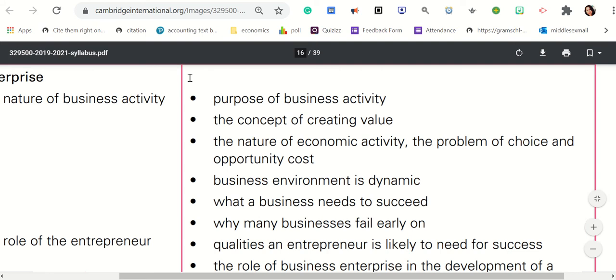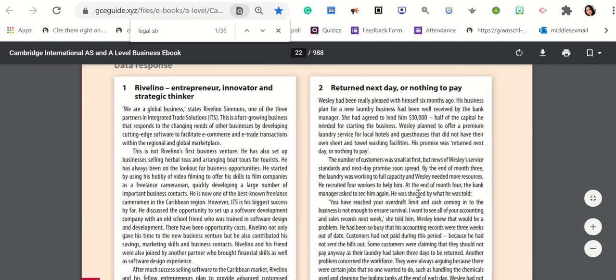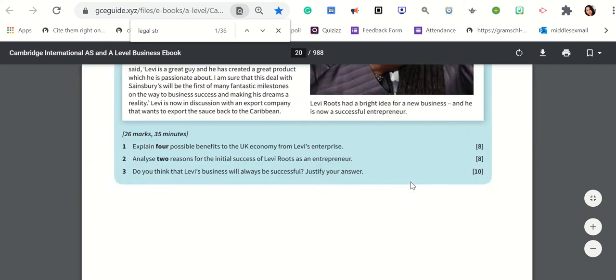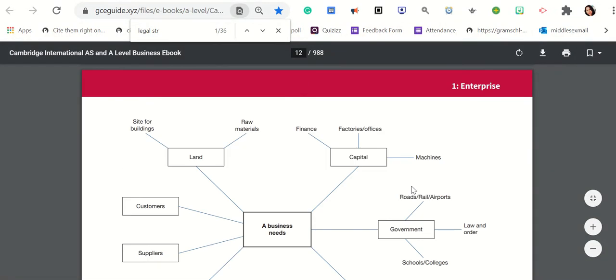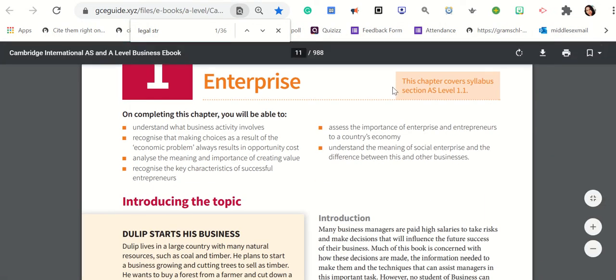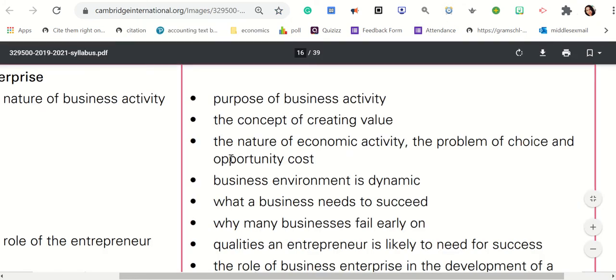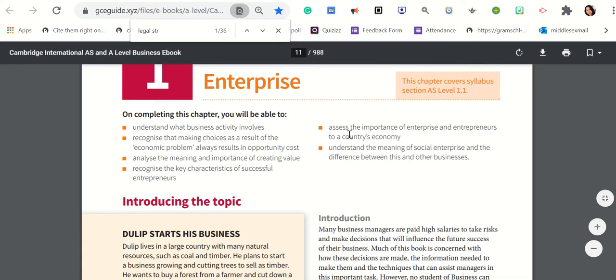Now moving to your textbook. Let's list down all the keywords which is related to your first topic. So we are looking into enterprise topic.